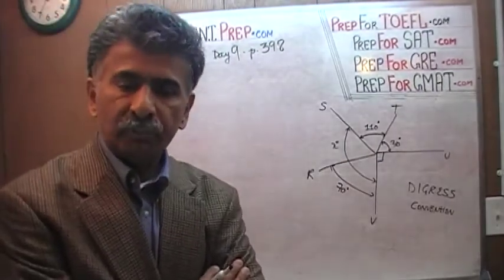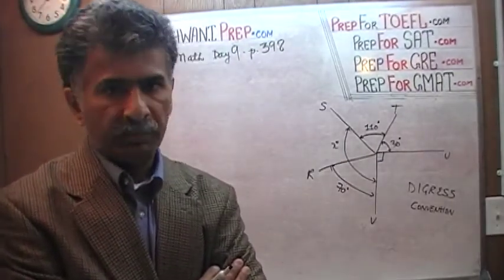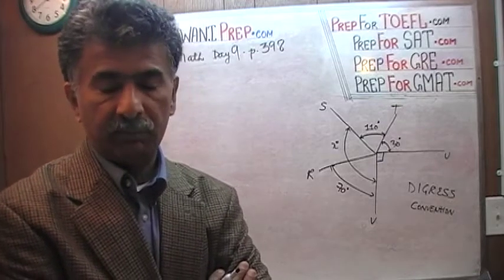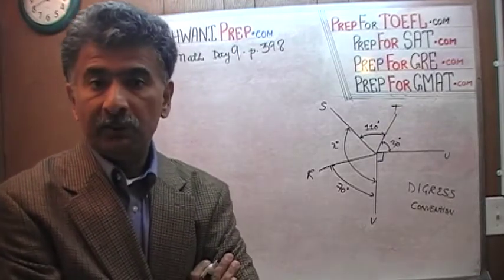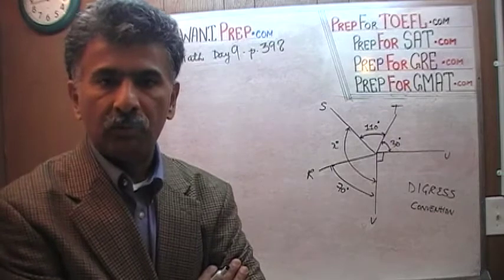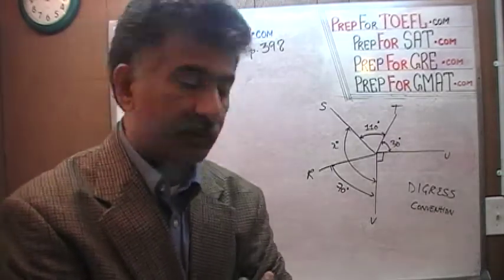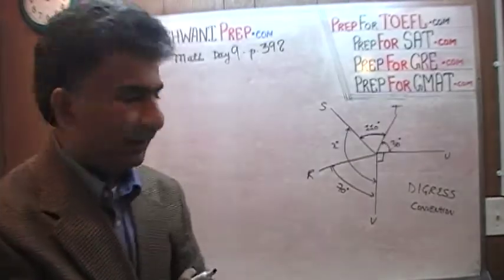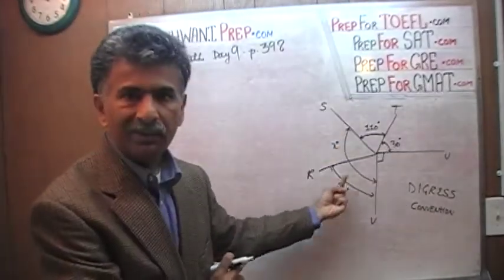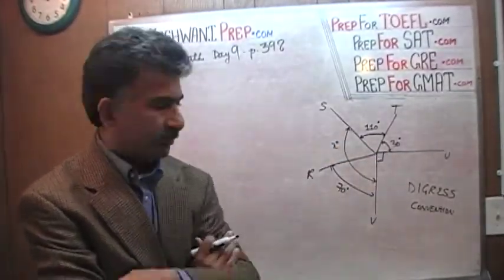The word convention has two meanings. The first meaning almost everybody knows: a convention is a meeting, a gathering, a powwow. One goes to a convention. What's the second meaning of the word convention the way I used it? I said the convention is that when you're labeling things, you have to go either clockwise or anti-clockwise.